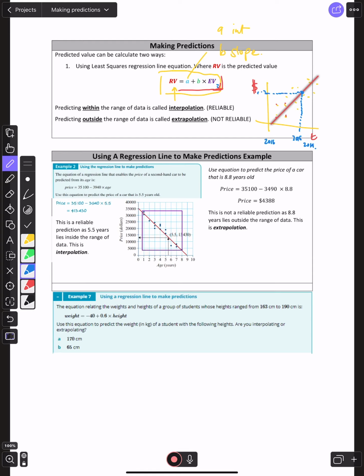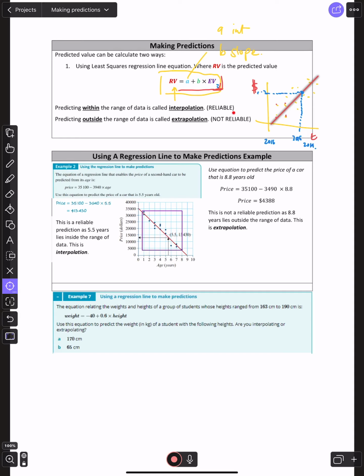So if I've made a prediction, using the example of my sales over time, within the range of the years that I've looked at, I'm going to be able to comfortably get a prediction that I can see is pretty close to what I actually got, because I'm predicting within the range of data that I already have. So it's safe to say that the prediction will be fairly accurate.